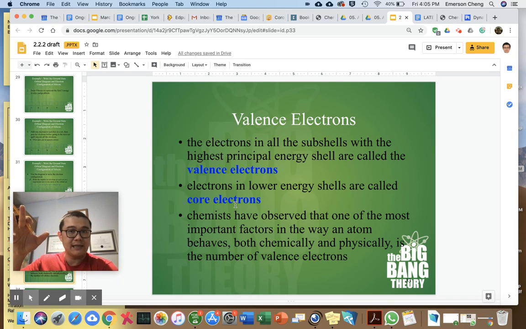Now we learned about subshells and things like that. So the highest subshells have the valence electrons, and the electrons in the lowest ones are called the core electrons. Usually it is the number of valence electrons that determines the chemical and physical properties of a certain element, okay?